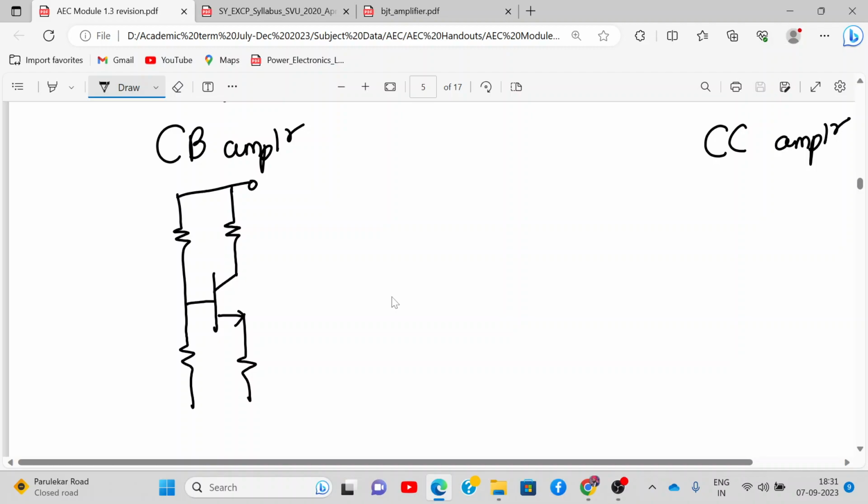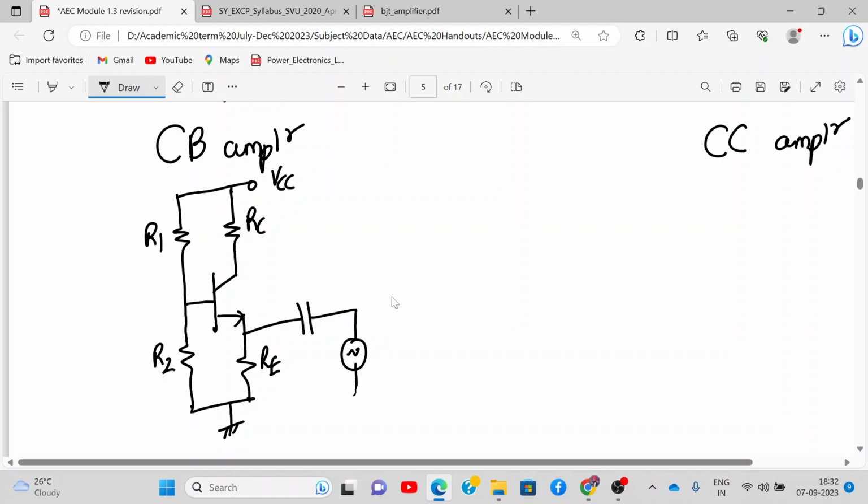So again a voltage divider bias will come. This is R1, R2, RC, RE. Now in this case we apply the input to the emitter terminal, and we take the output at the collector terminal like this. This is V out.